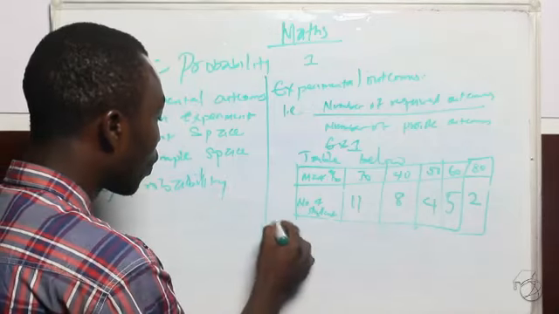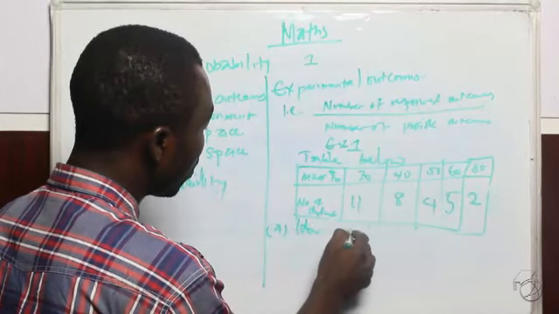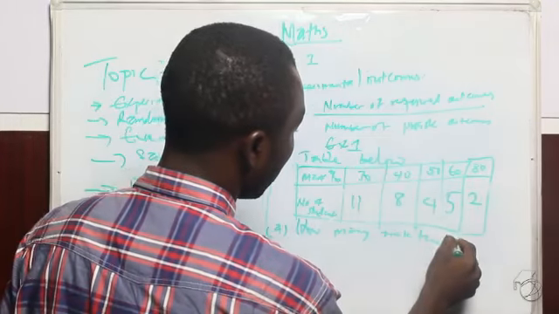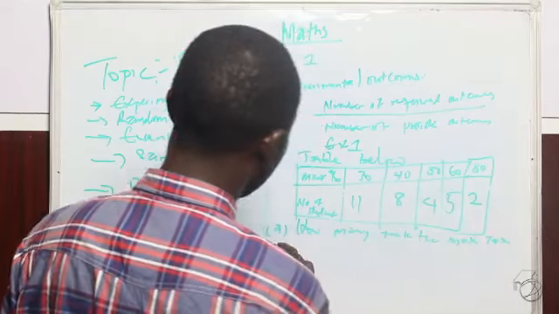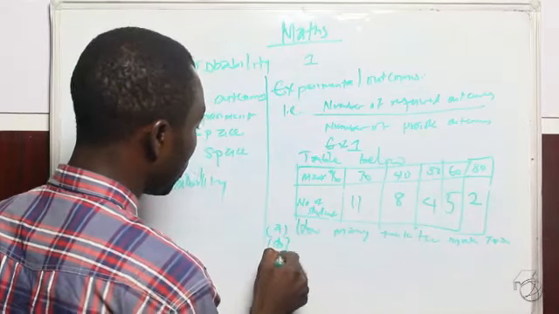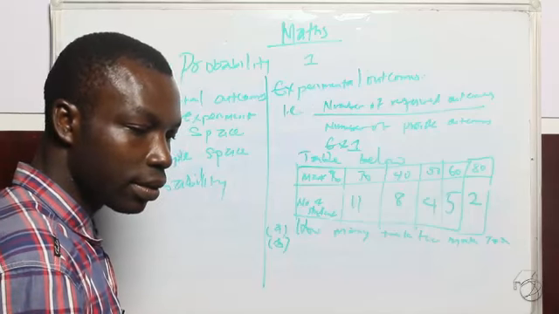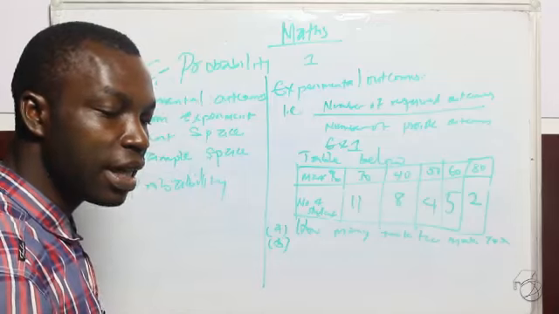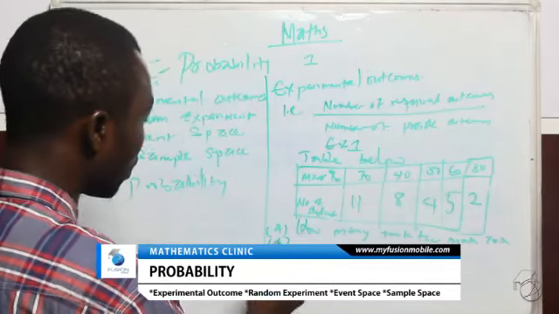Question 1 from this table: how many students took the maths test? Number 2, B part. The B part of this question is, what is the probability that a student choosing at random from the class will score 40%?